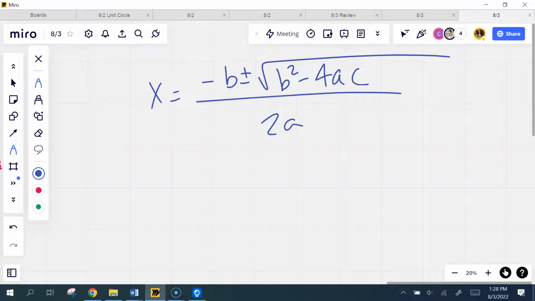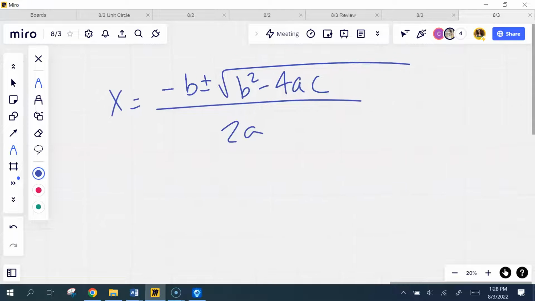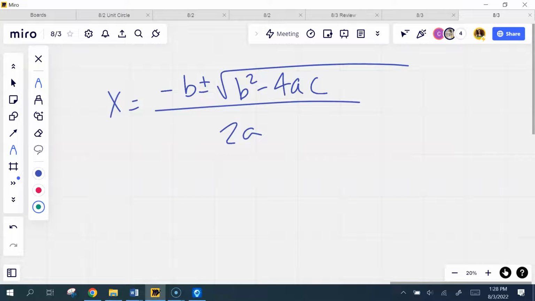What if it's harder than this, though? What if it's not a quadratic? What if it's not something I can factor? What if, in fact, it's something that looks like this?